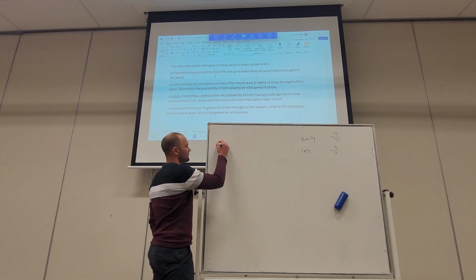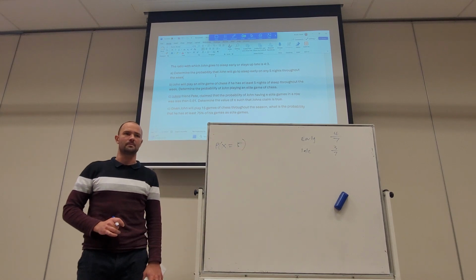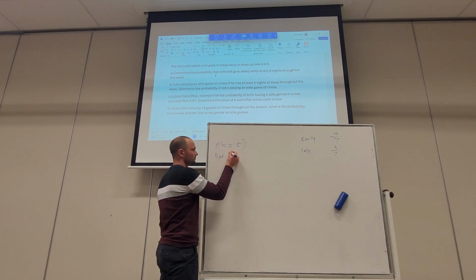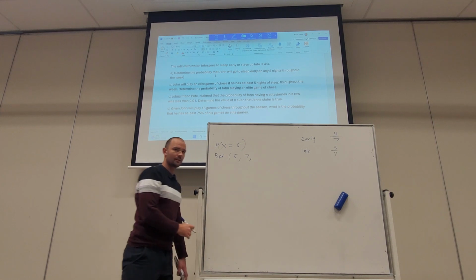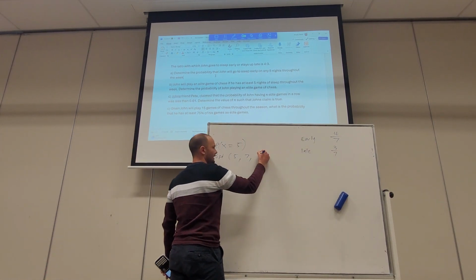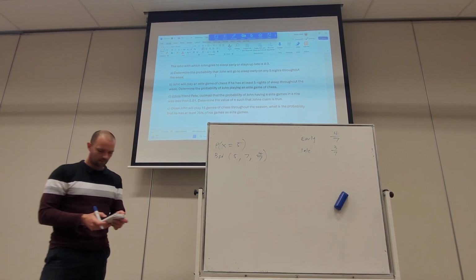So this is the probability that he goes to sleep early 5 times during the week. So this is a BPD calculation. We're talking about 5 successes out of 7 trials. There are 7 nights in a week, and the probability that he will go to sleep early on any given night is 4 out of 7. So we'll evaluate that quickly.